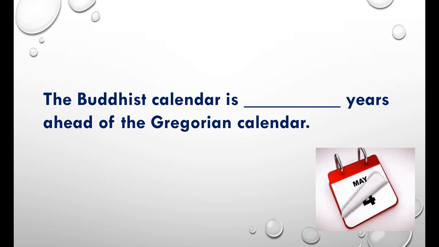And the last question, what is the time gap of the two calendars? Please follow after me. The Buddhist calendar is blank years ahead of the Gregorian calendar. Can you write your answer on the blank?